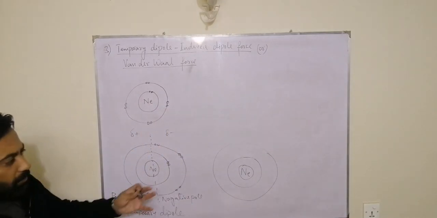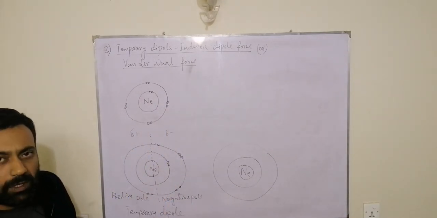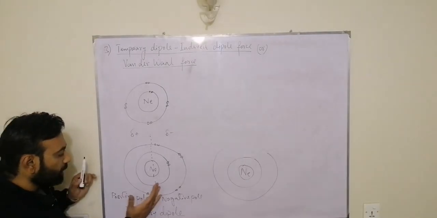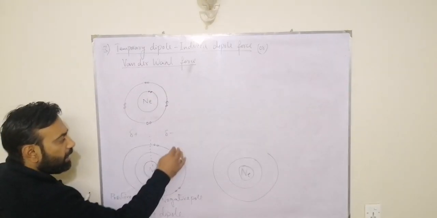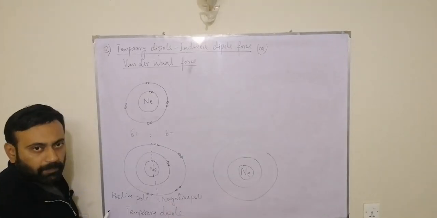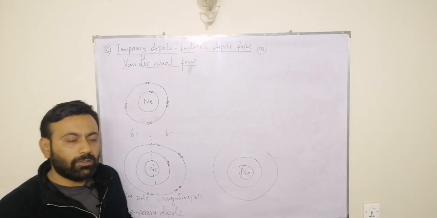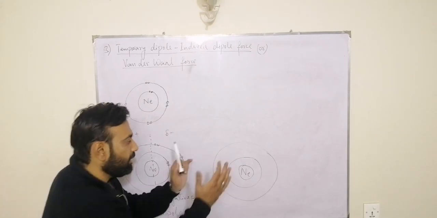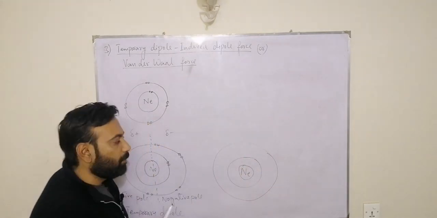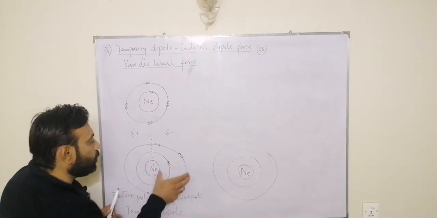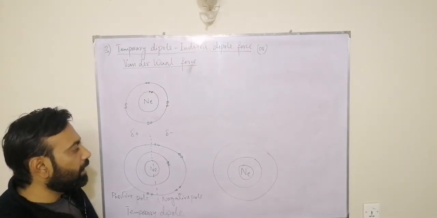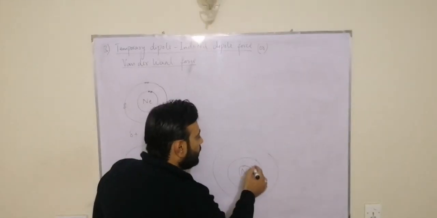It will again have the same set of electrons, 2 electrons in the first shell and 8 electrons in the second shell, but due to this temporary dipole there is a negative electric field on this side of the atom, and we know that electrons too are negatively charged, and these electrons in the shells of this neon atom will be repelled due to this negative pole, and those electrons will move towards this side due to that repulsion.